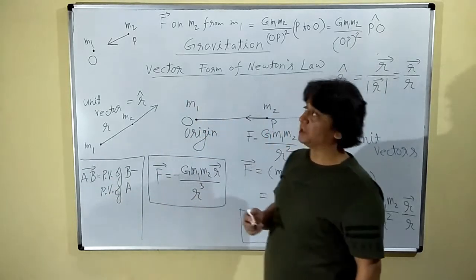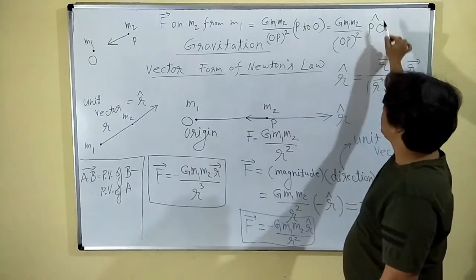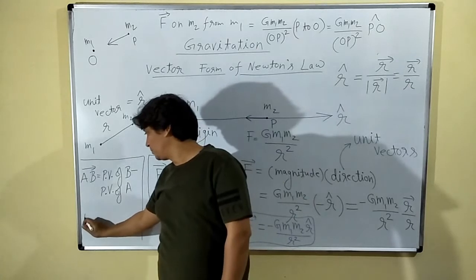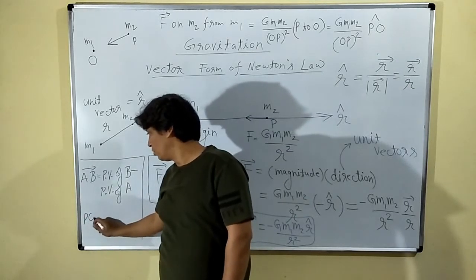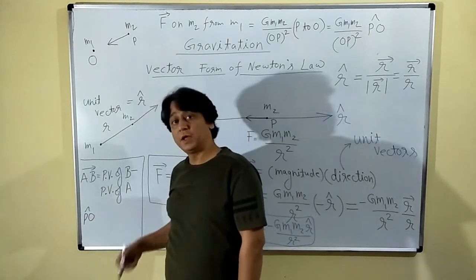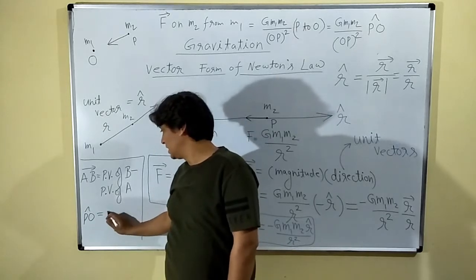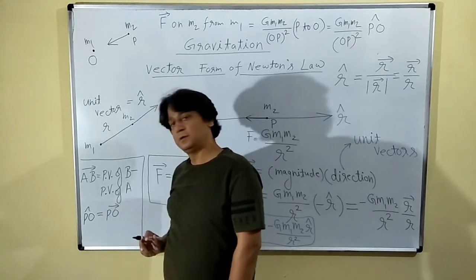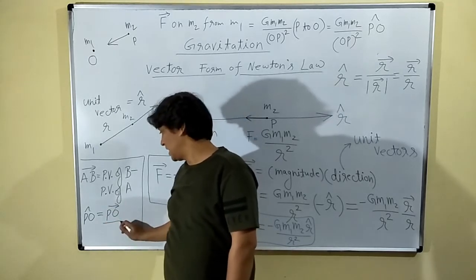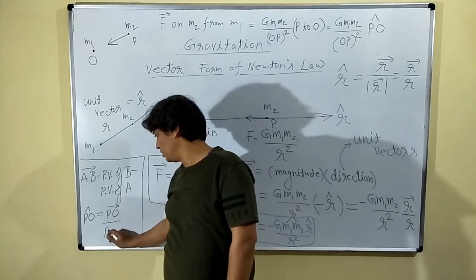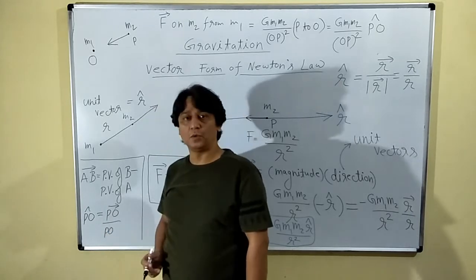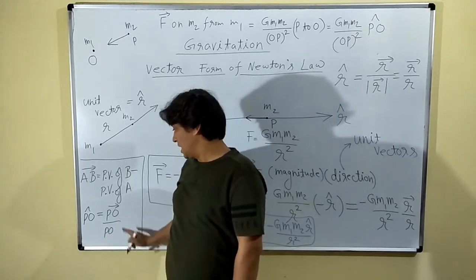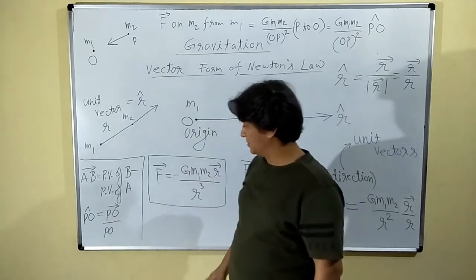Which means if somebody asks us for PO cap, what will you do? PO cap is PO vector divided by its magnitude. What about the PO vector?